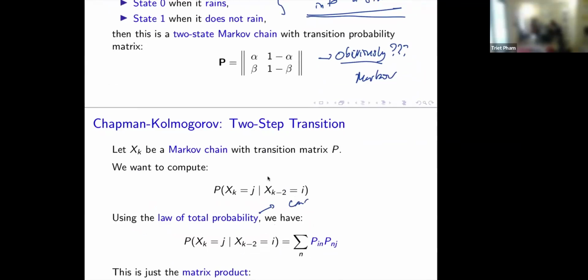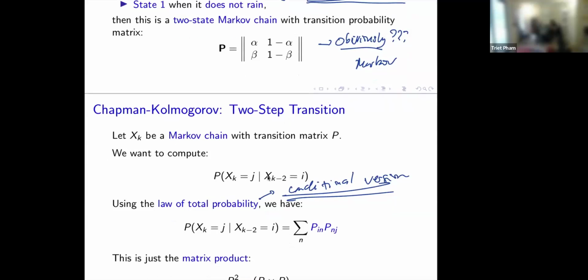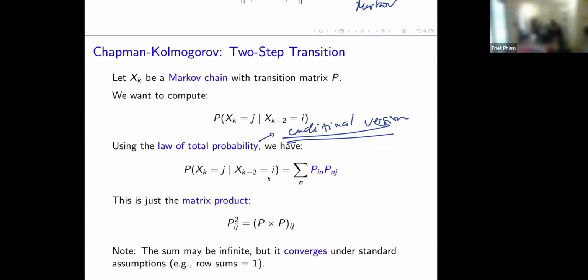It's really the conditional version. Remember that one? The law of total probability, conditional version, says P of E given F is P of E given FG times P of G given F, plus P of E given F G complement times P of G complement given F. So this is only a 2-set version.